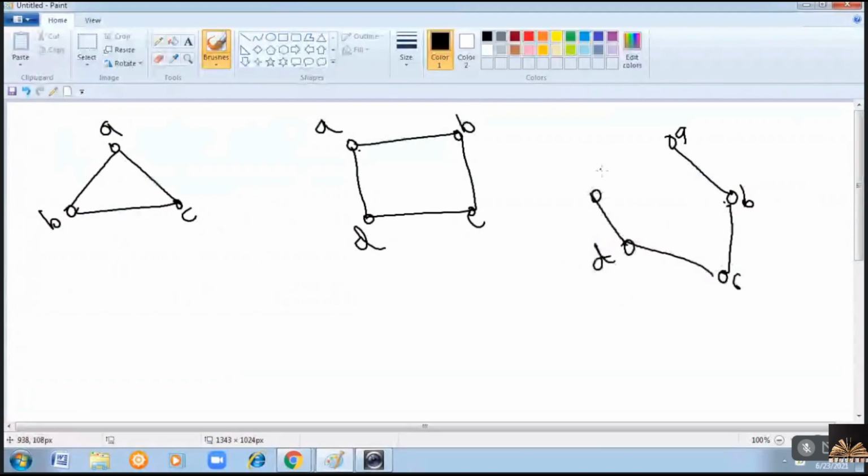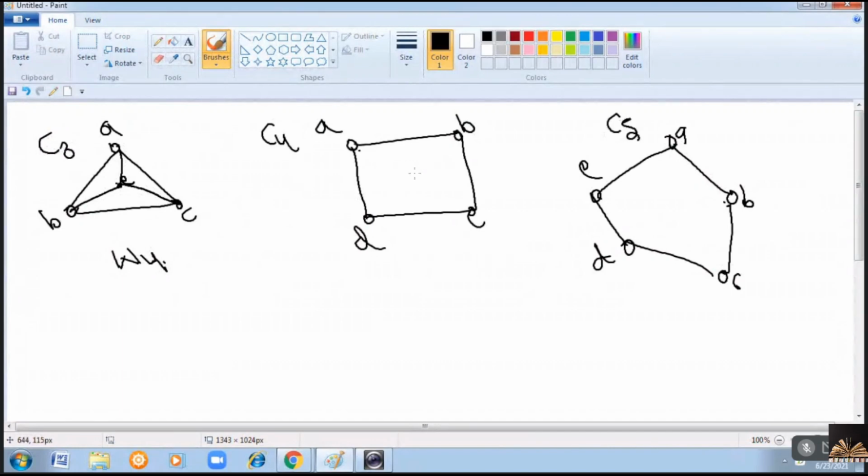Okay. Now, to this cycle graph, add a vertex E in the center, which is the universal vertex, and have edges to all the vertices from this universal vertex. Now this is W4. C3, W4, C4, C5, right?